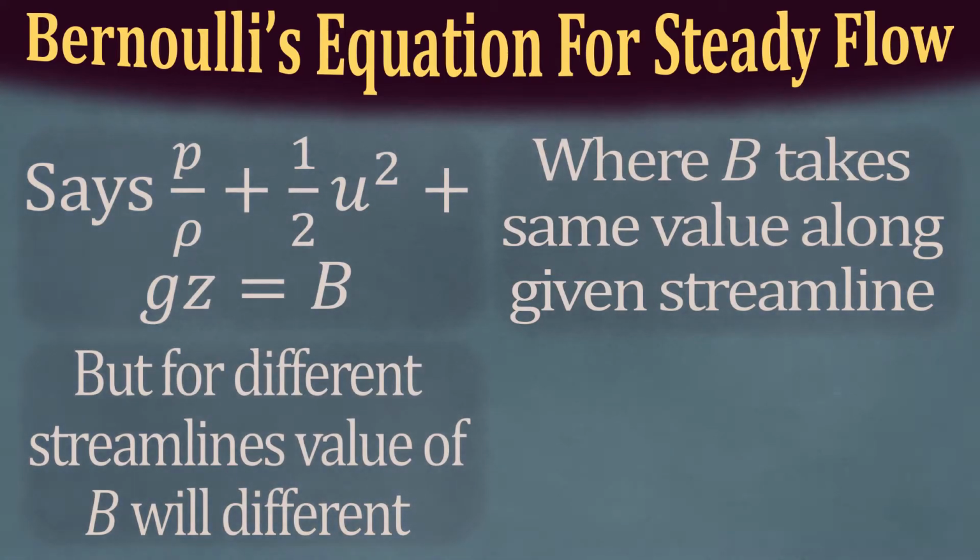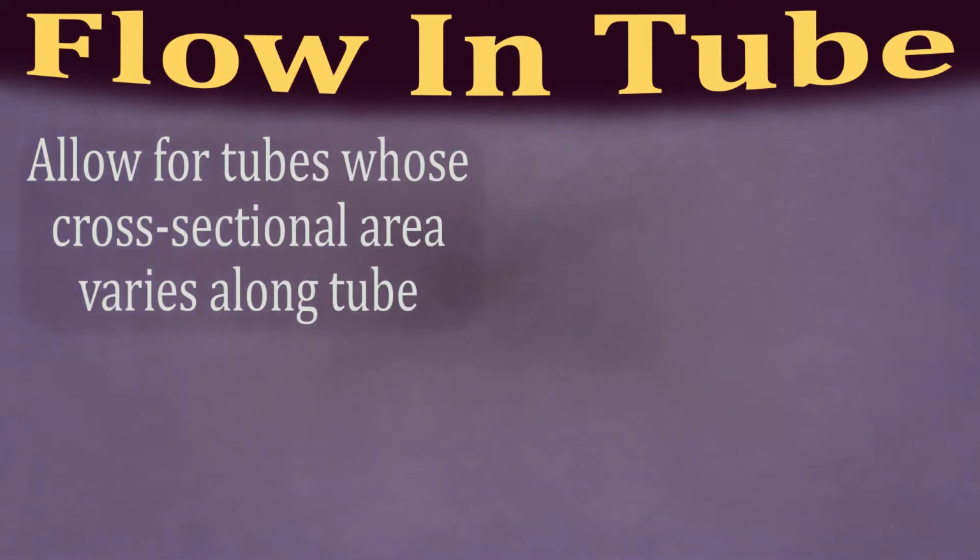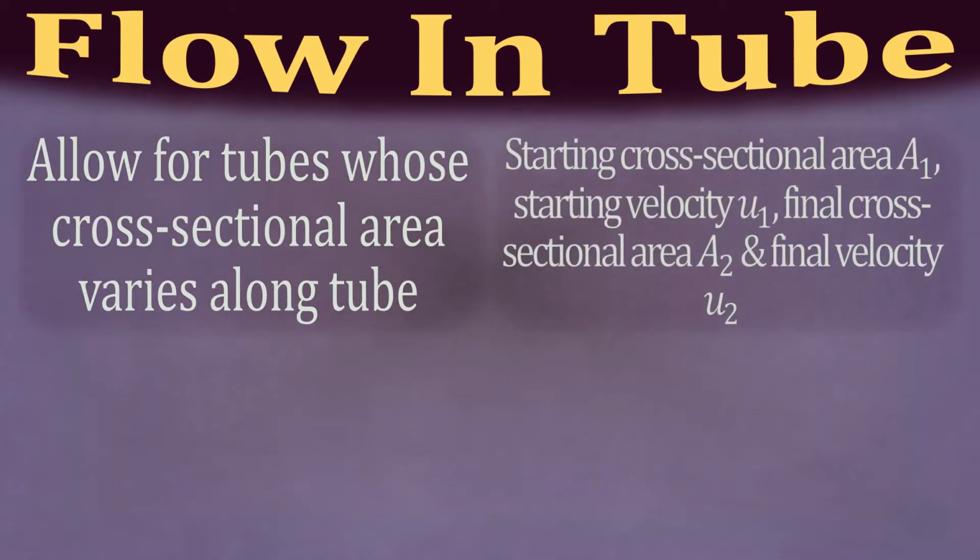Now, let's consider an application of Bernoulli's equation, a flow in a tube. We allow for tubes whose cross-sectional area varies along the tube. So, consider a section of tube with starting cross-sectional area A1, starting velocity u1, final cross-sectional area A2, and final velocity u2. The total volume flux in through A1 must equal the total volume flux out through A2.